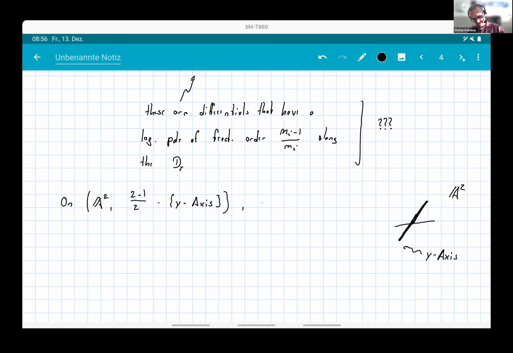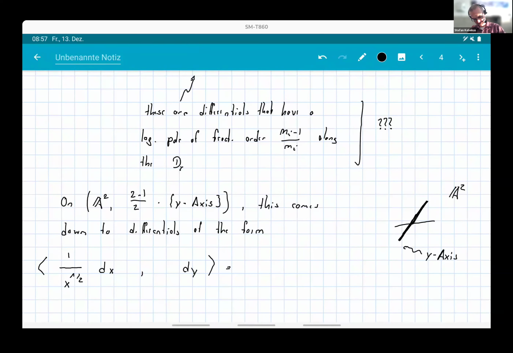We, this comes down to, well, differentials of the form dx, dy, and here I want to have a logarithmic pole of order 1/2.